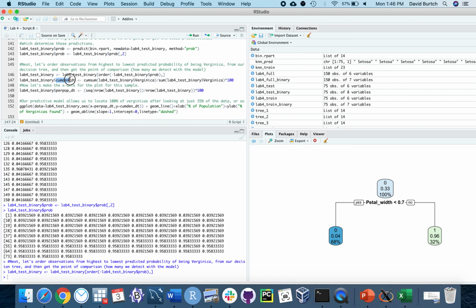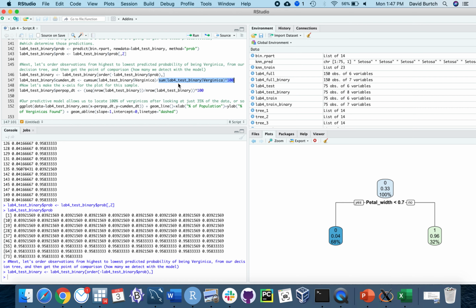Now what I'm doing is coming up with my measure of the cumulative proportion of observations that I have been able to detect successfully as I progress from one observation to the next in the rank ordered data set. So this is cumulatively, thus far, how many Virginicas have I found with each data point as I go from top to bottom down the rows, divided by how many there are in total in the data set.